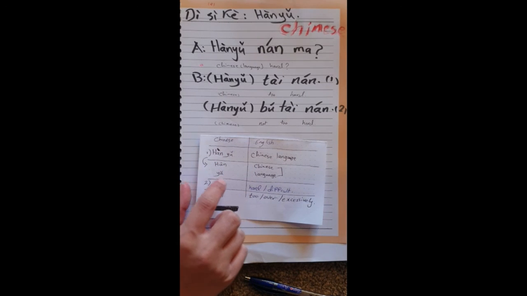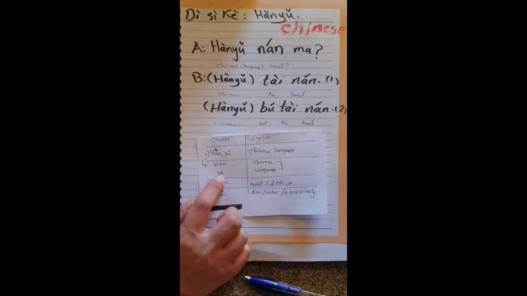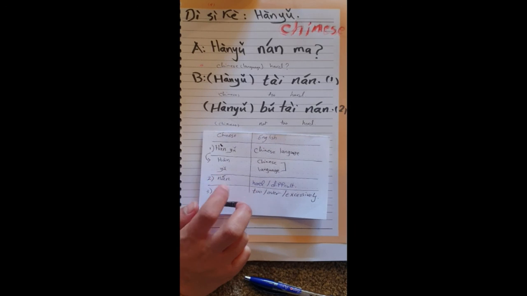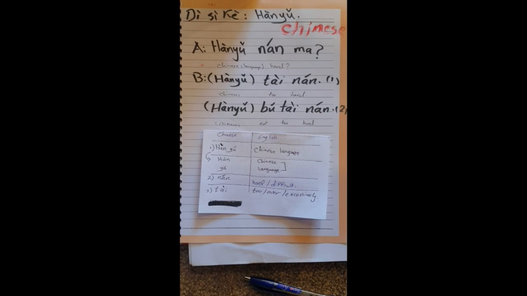So whenever you see Hanyu, you have to know that we're talking about a language. And Nan means hard or difficult. Tai means too, over or excessively, which is for nouns. So Hanyu Nan Ma, Hanyu Tai Nan, Hanyu Bu Tai Nan.